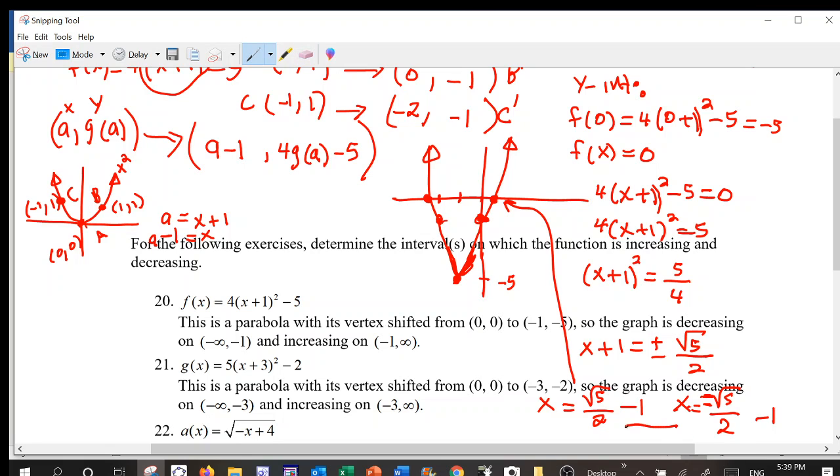So using transformations, we can easily see what happens to the original points under this transformation. You can graph more points if you want to, and you can easily graph it.